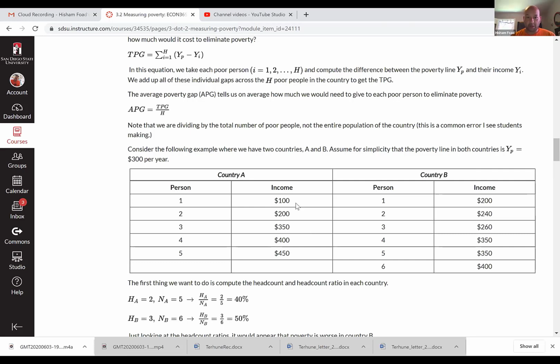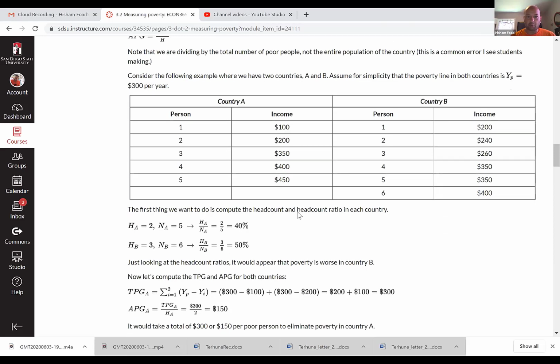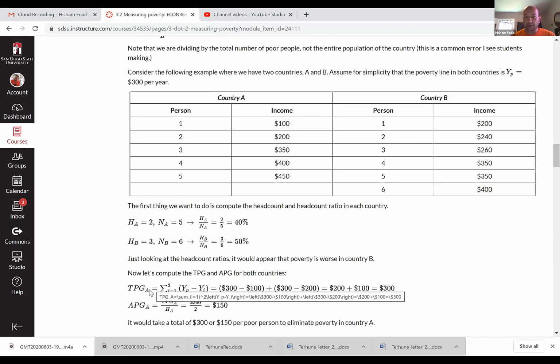Person 1 makes $100, so they need $200 to get up to the poverty line. Person 2 makes $200, so they would need an additional $100 to get out of poverty. So for the total poverty gap for country A, we take the gap between the poverty line and person 1's income, 300 minus 100, and the gap for person 2, 300 minus 200, and add those together.